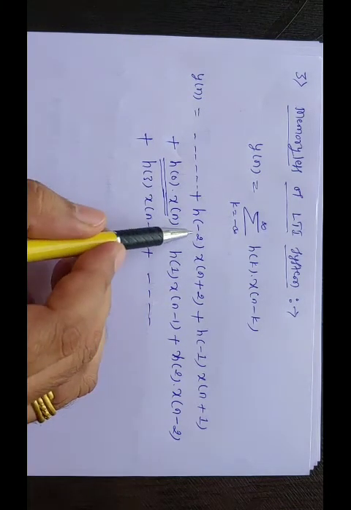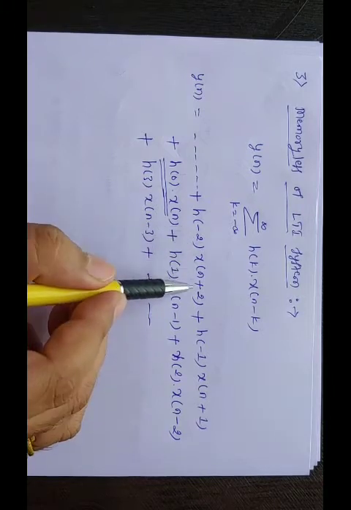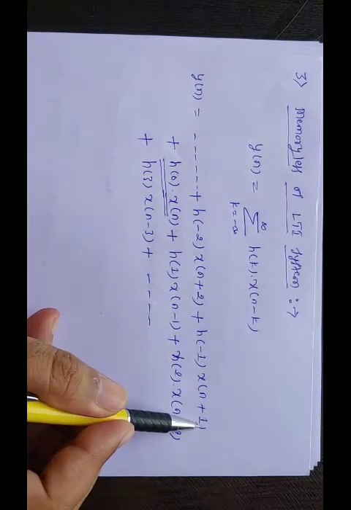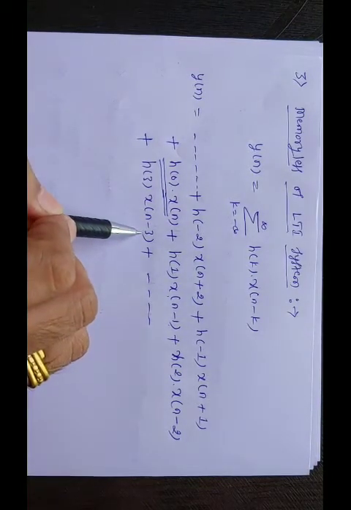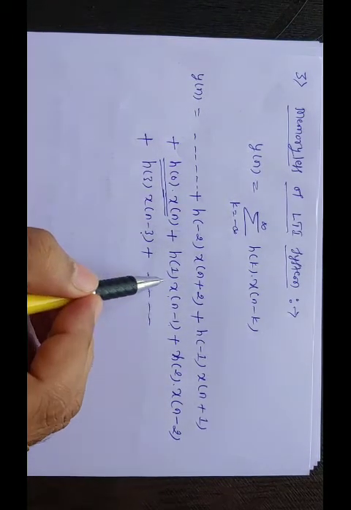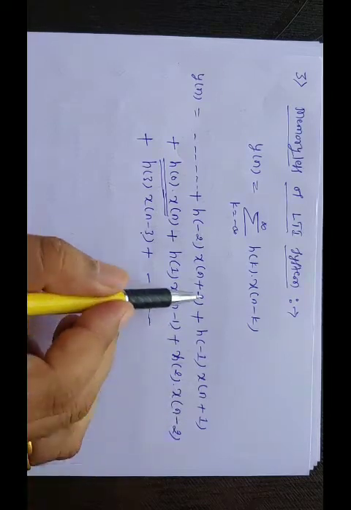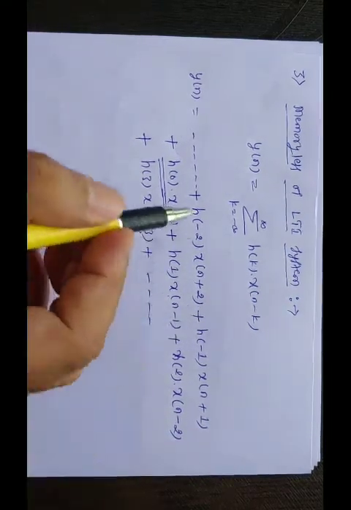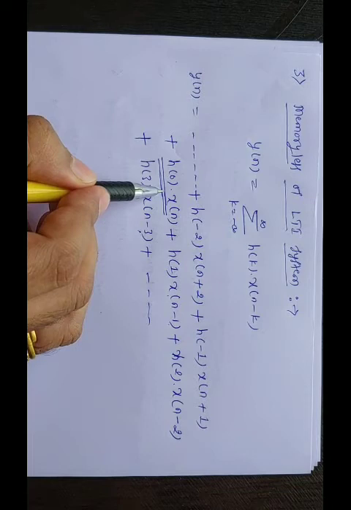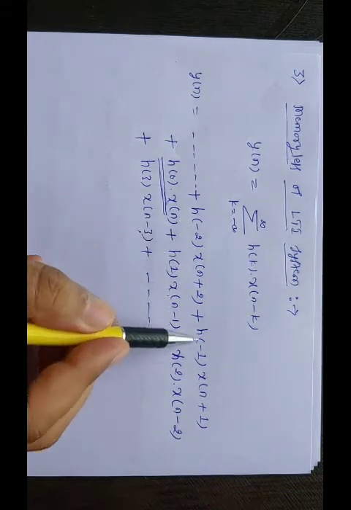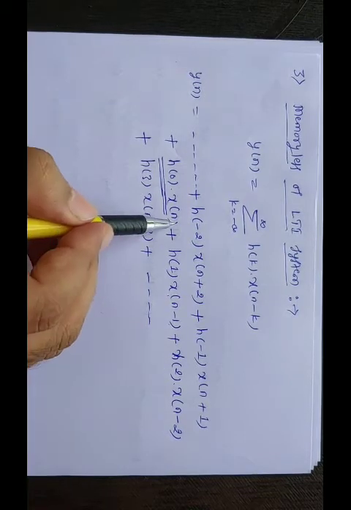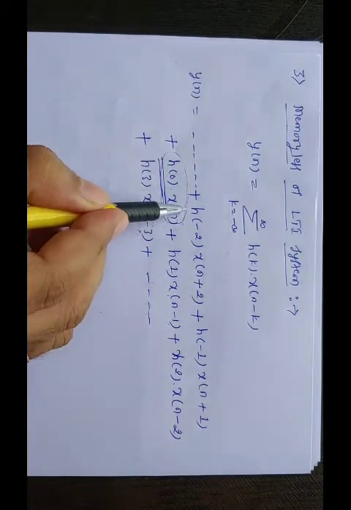What about the remaining terms? x of n plus 2, x of n plus 1 are future values, and x of n minus 1, x of n minus 2, x of n minus 3 are the past values. Hence all these terms must be equal to 0 except this term.